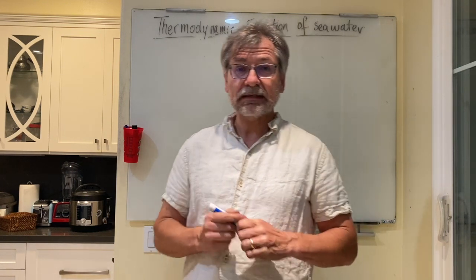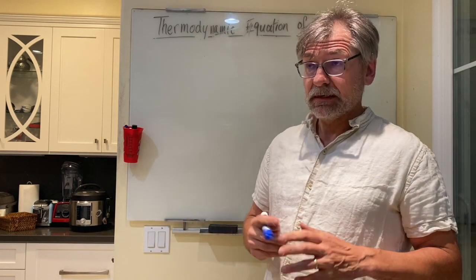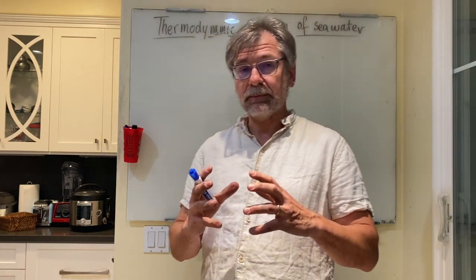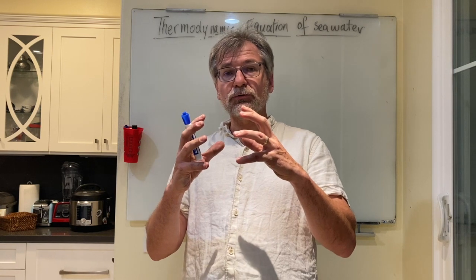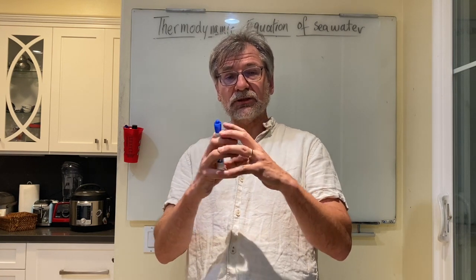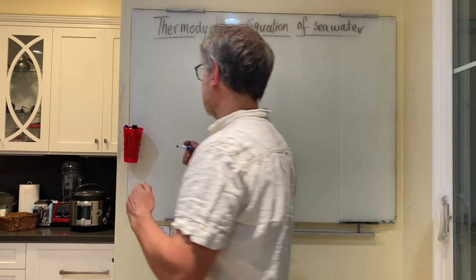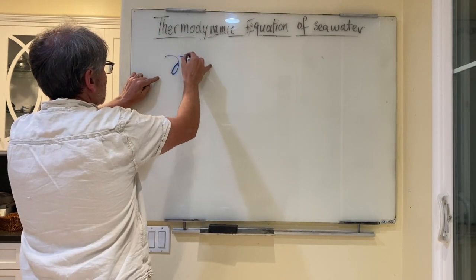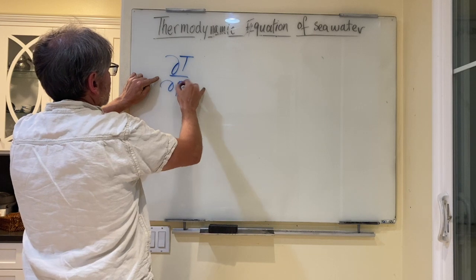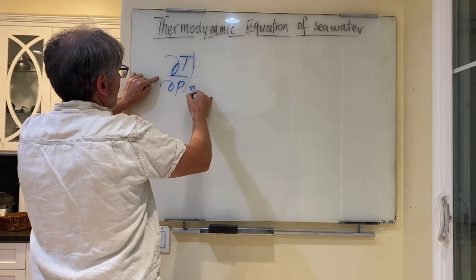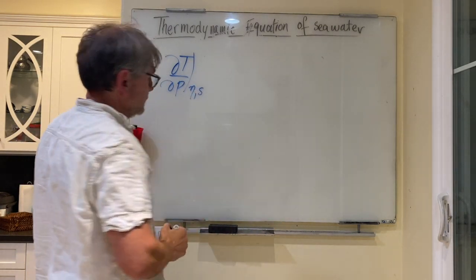And what's the adiabatic lapse rate? It's the change in the temperature of a water parcel as you compress it adiabatically, so without exchanging salt and without changing its entropy. So the adiabatic lapse rate is dT dp, holding the entropy and the salinity fixed.